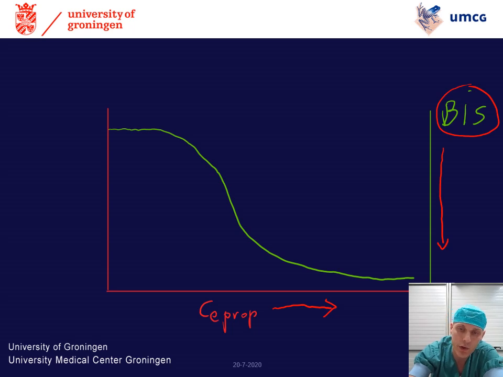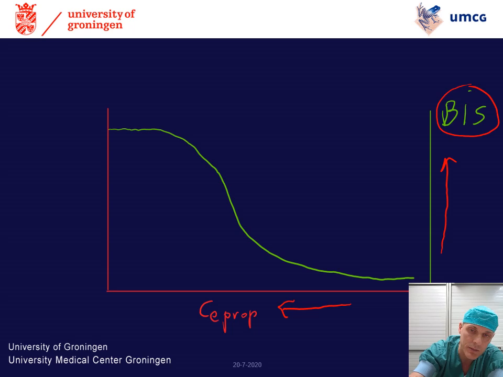Then at a certain point we stop the pump and the corresponding effect site concentration will decrease together with the elimination of the drug out of the body. And the increase of BIS that follows the decrease in effect site concentration should follow more or less the same sigmoidal curve that was used for the induction.